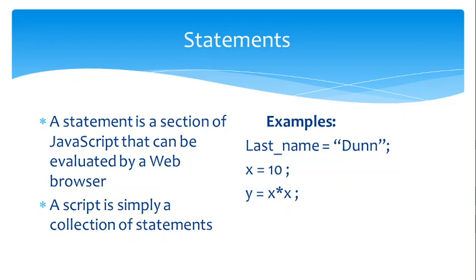Okay, a script is simply a collection of statements. Like maximum all the programming languages, JavaScript is a collection of statements only. So an example: last name is equal to done, x is equal to 10, y is equal to x into x.